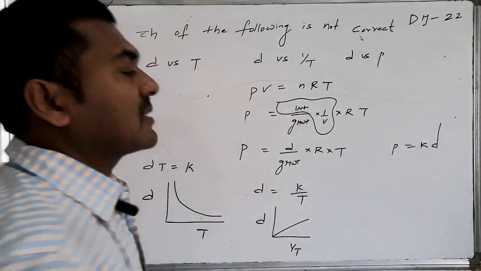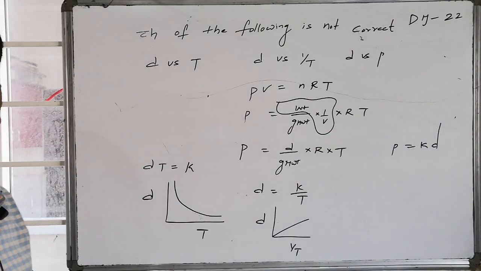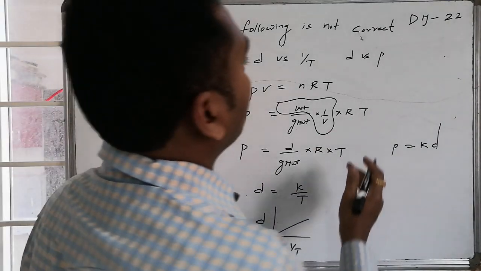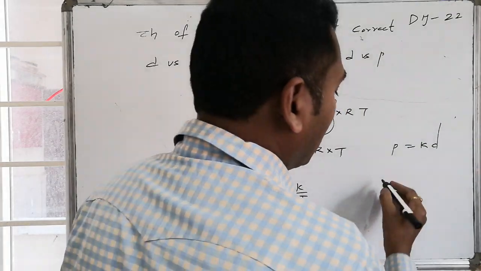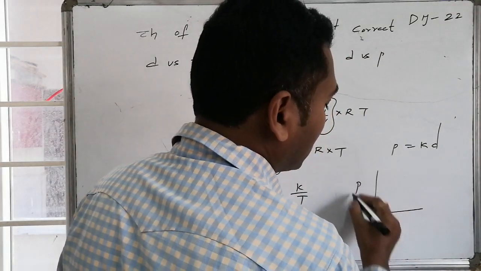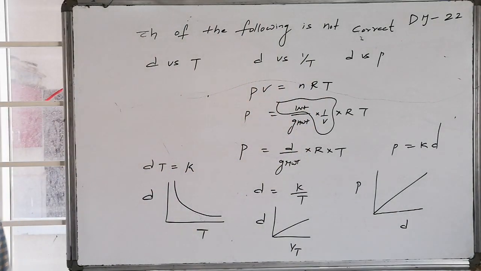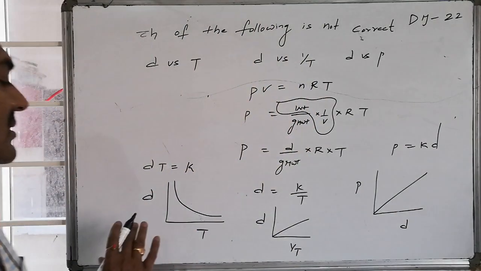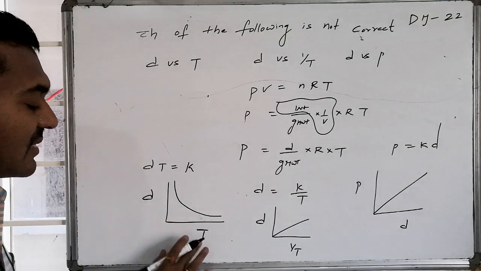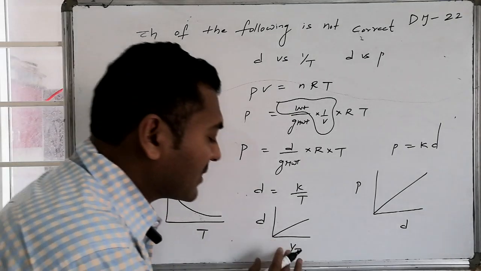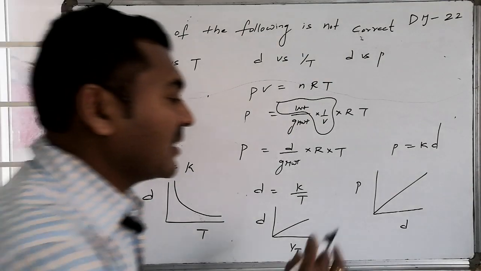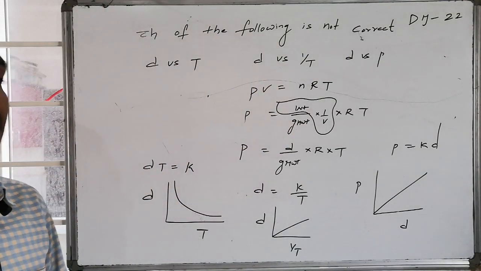Whereas pressure versus density interrelates as p is equal to k into d, so the d versus p graph is also a y is equal to mx graph, passing through the origin because there is no intercept. Such relations like d versus t hyperbolic relation, d versus 1 by t straight line relation, and p versus d straight line relation are correct.